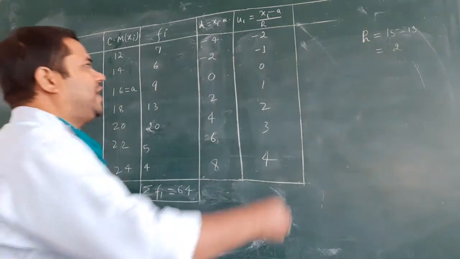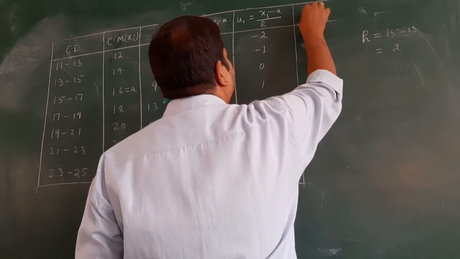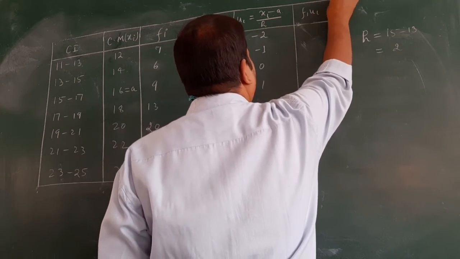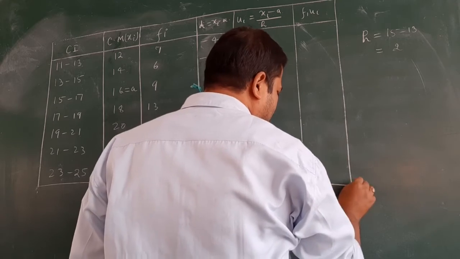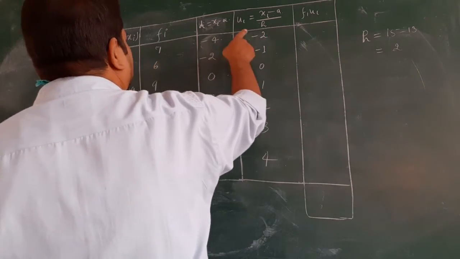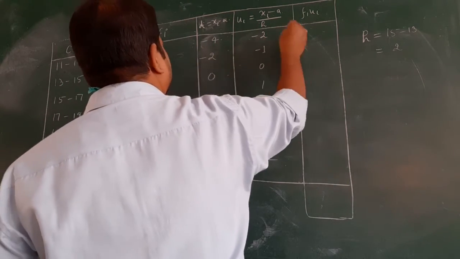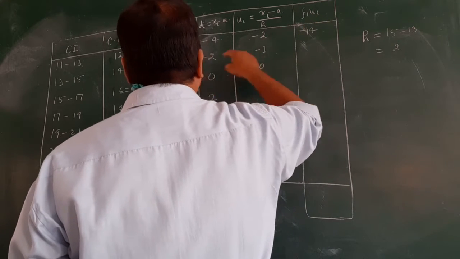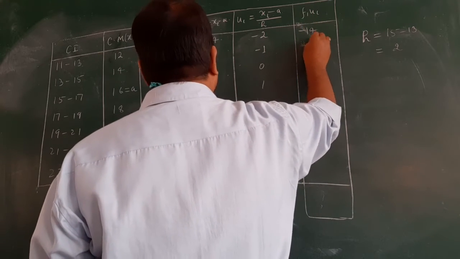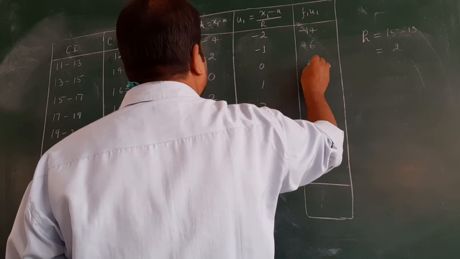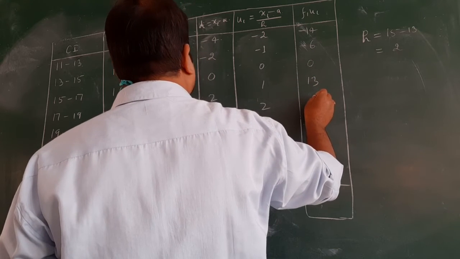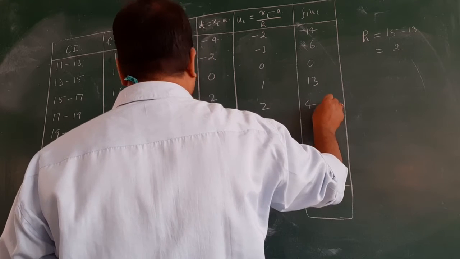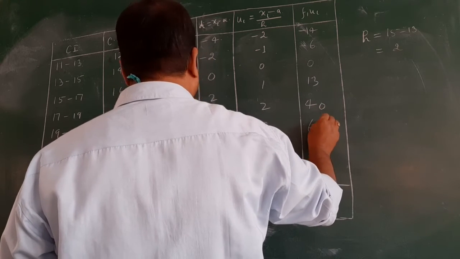Now we need to find fi ui. So what will be the value of fi ui? Fi is this, ui is this. So minus 14, minus 6, 0, 13, 20, 40, 60.